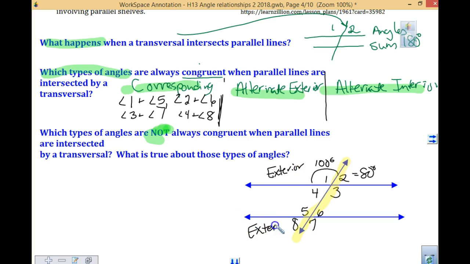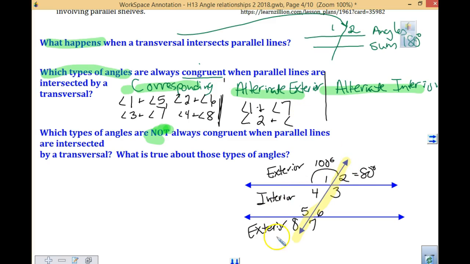So we only have 4 angles in our exterior, and this is our interior. So of our 4 angles, 1, 2, 7, 8, angle 1 and on the opposite side on the exterior will be angle 7. So 1 and 7 are alternating exterior. Angle 2 and angle what are we looking at?